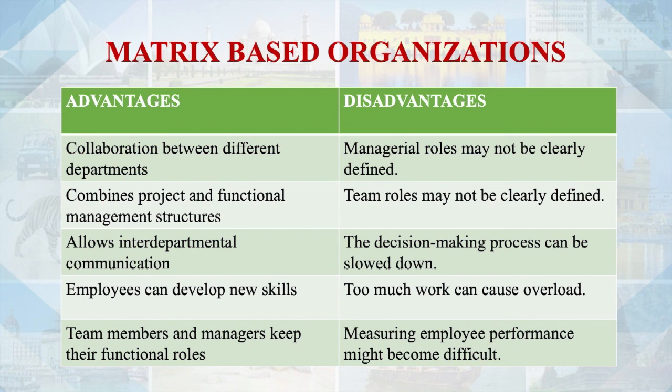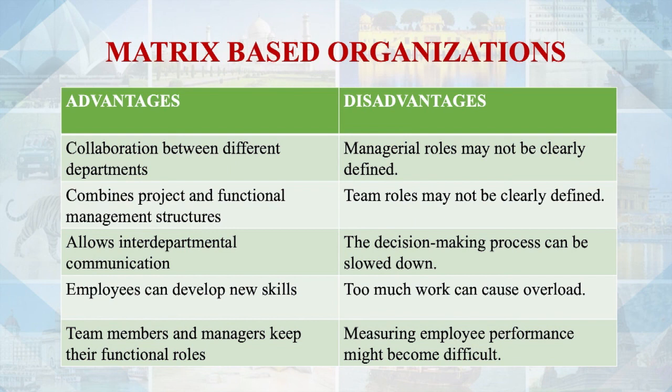The third issue is that the decision-making process can be slowed down. There is a risk that because you now have to approach two different kinds of people, it can be really slowed down. And too much work can cause overload among employees.